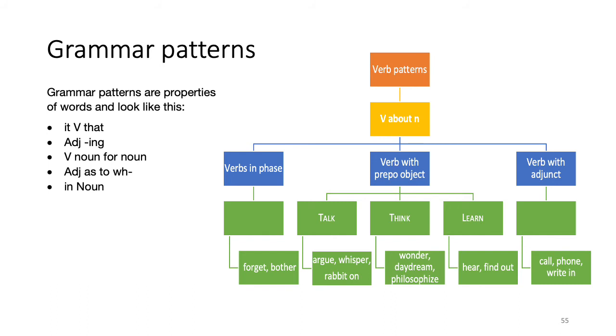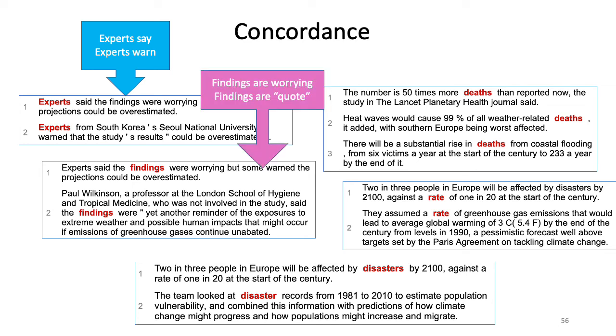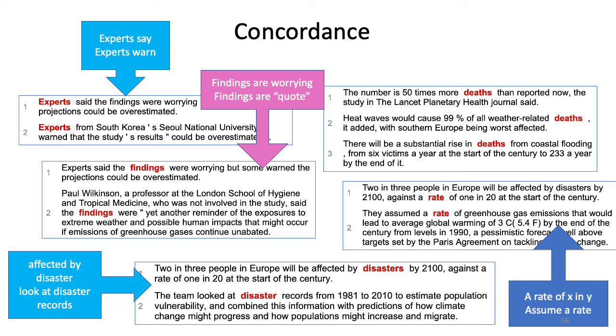There's also a set of verbs to do with thinking in this structure and a set of verbs to do with learning in this structure. Now, as I said, a great deal of the language works in this way, so it would be a shame not to deal with these things in our teaching. When we're looking at our concordances, we can make these observations, and this is exactly what the students need to be able to learn how to do.